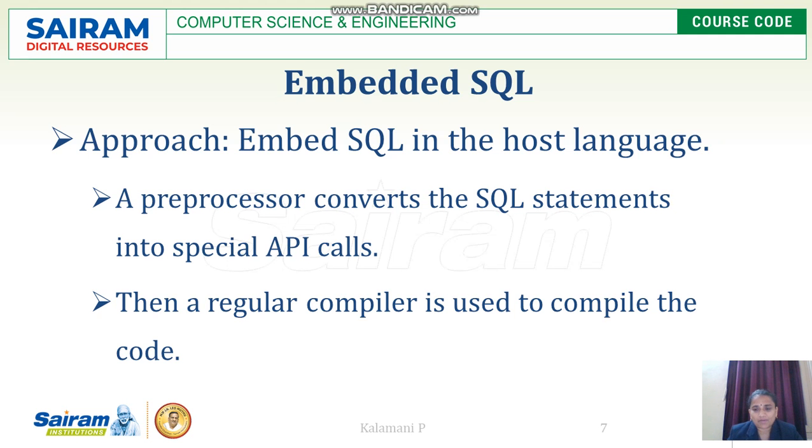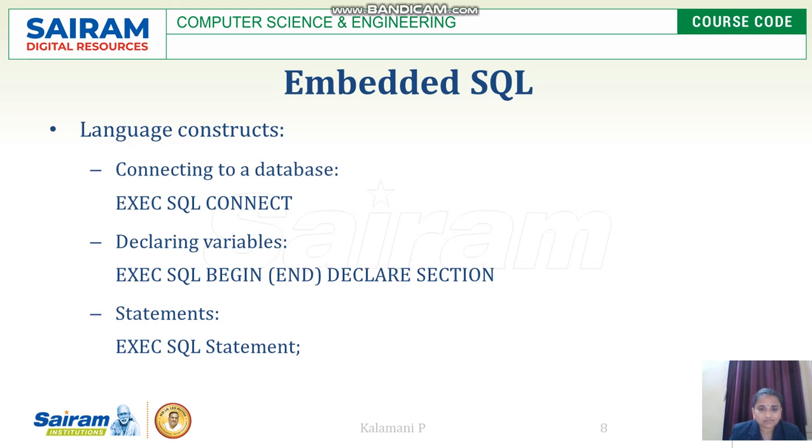Using a pre-compiler, they will be separated. Then the SQL query is compiled with the help of the SQL compiler and DDL compiler, and the host language code is compiled with the host language compiler, for example a C compiler or C++ compiler, and so on. Then it will be compiled together.